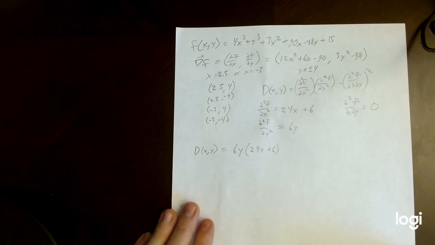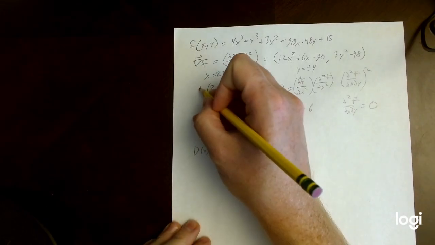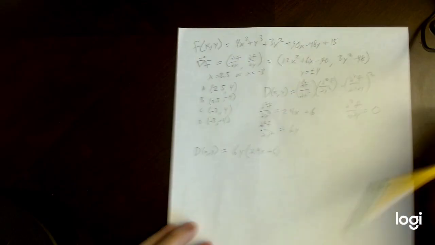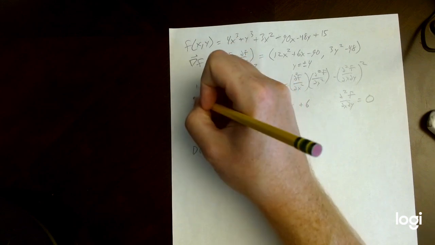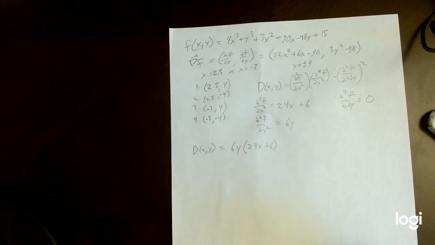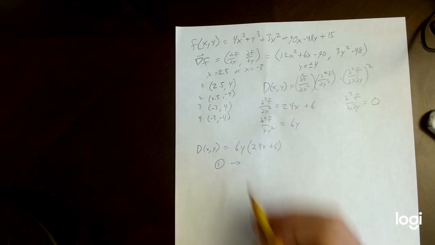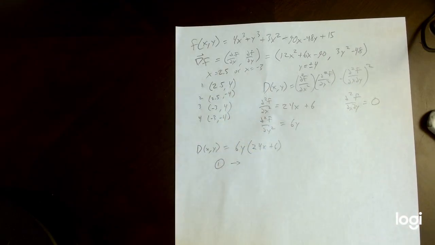And we can determine for each one of these locations, what is the value of d? So let's go through. I'm going to label these. Let me say I'll do A, B, C. Oh, that's maybe a poor choice because then we have multiple d's. I'll just do 1, 2, 3, 4. So for root number 1, plugging in x is 2.5 and y equals 4.